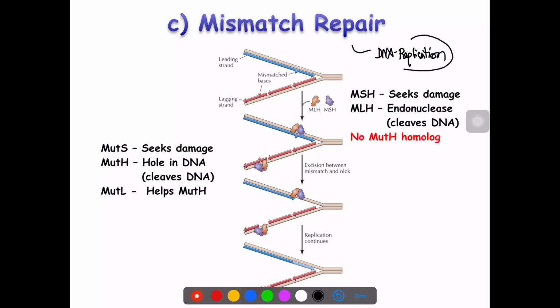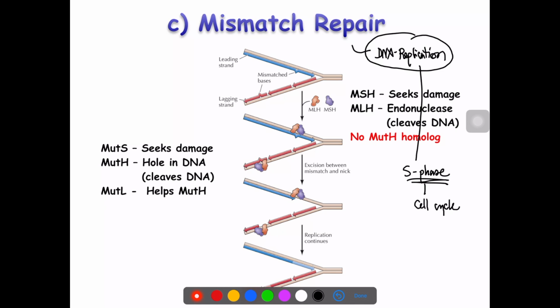And one important idea that I really want you guys to remember is that DNA synthesis, DNA replication, is happening during the S phase. So this type of DNA repair is specific to S phase as well, because it happens only during DNA replication, which takes place during the S phase of the cell cycle.